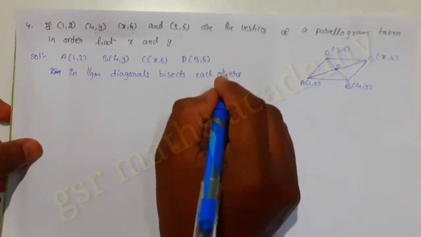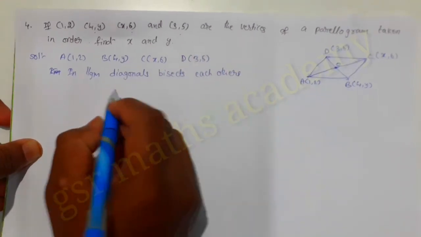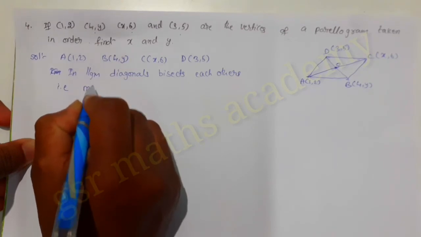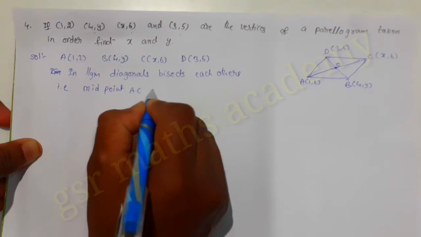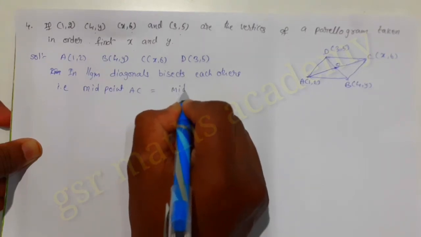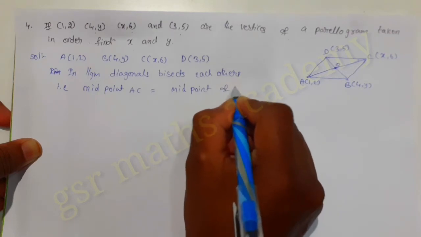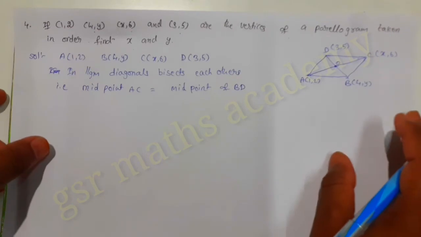That means the midpoints of the diagonals coincide. That means the midpoint of AC is equal to the midpoint of BD.